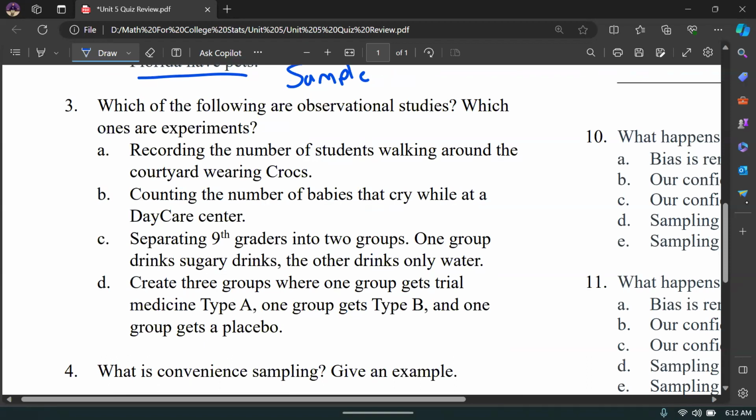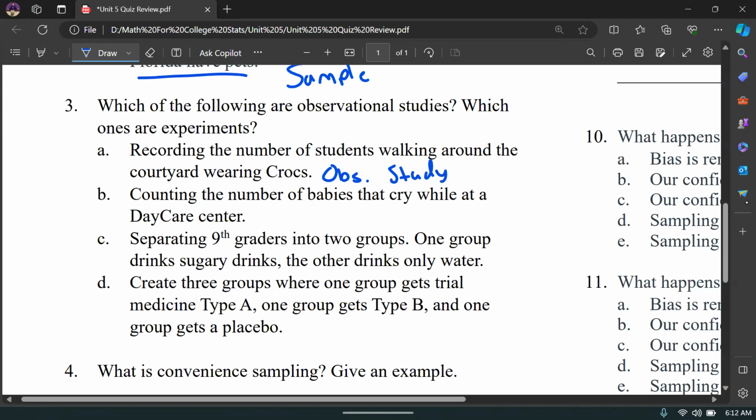Which ones are experiments? I think this one might be two separate questions as well. I don't remember, but we'll go through them and identify them. Recording the number of students walking around the courtyard wearing Crocs. This one is an observational study. Observational studies are ones where we don't really intervene.